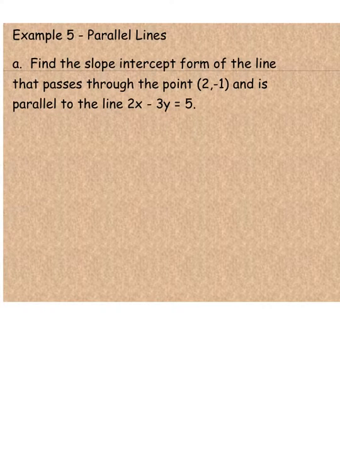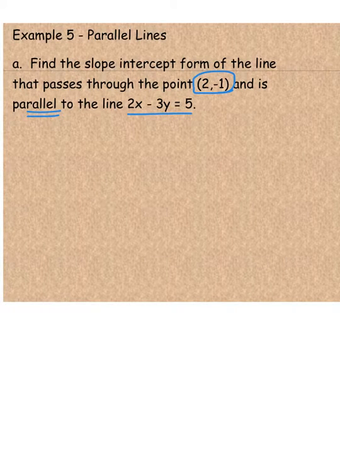Here we have an example of parallel lines. We want to find the slope-intercept form of the line that passes through the point (2, -1) and is parallel to the line 2x minus 3y equals 5. So again, we want to write the equation of the line. When we write the equation of a line, you need a point and a slope. So our point is going to be the point (2, -1). And then we need the slope for the line that's parallel to this line, 2x minus 3y equals 5.